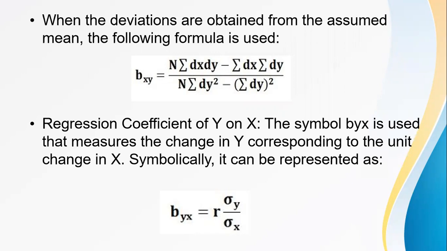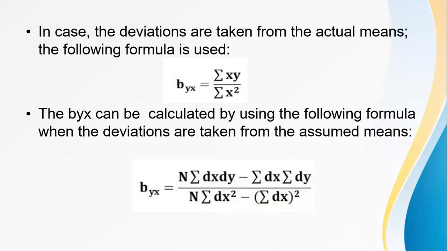Regression coefficient of y on x. The symbol byx is used, and it measures the change in y corresponding to the unit change in x. Symbolically, it can be represented as byx equals r into sigma y by sigma x. In case the deviations are taken from the actual means, the following formula is used.